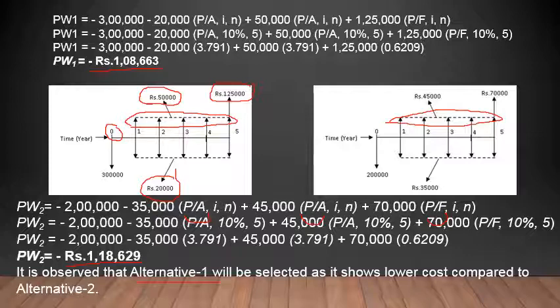See, our decision changed when we added the income factor. That is what an engineer should always look into. Don't jump into conclusion based on few assumptions. You have to consider all the cash flows, all the possible cash flows, and then take the decision. That's what we did here.